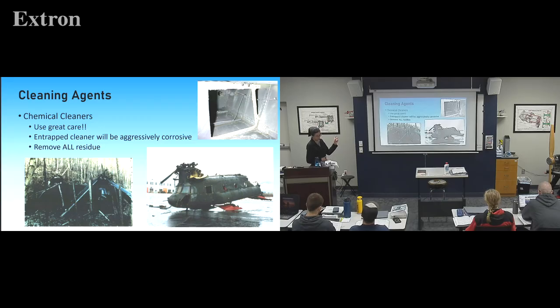So here, a Chinook was on a flying exercise. It says 1992. The aircraft experienced partial loss of control, and the aircraft began spinning. The aircraft impacted the ground, but remained upright. And while the aircraft was destroyed, the occupants escaped with their lives.